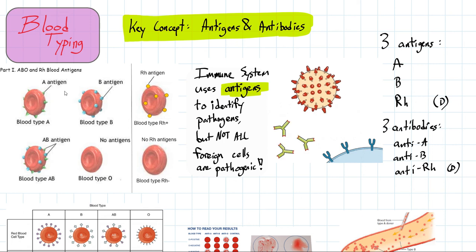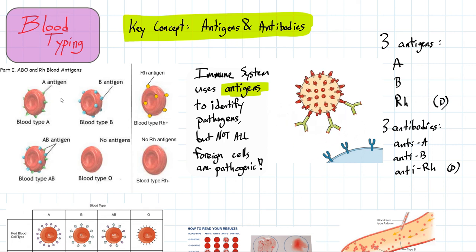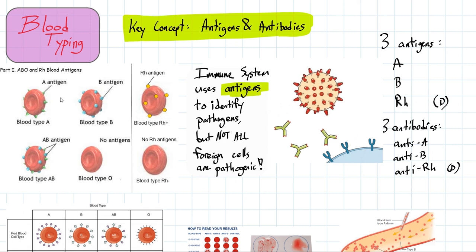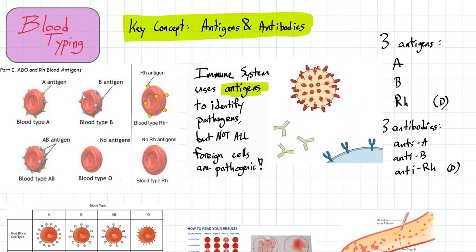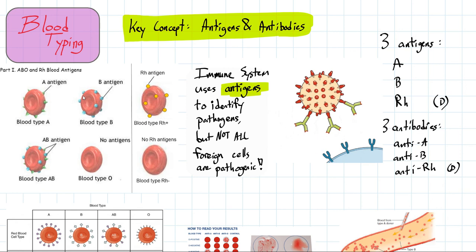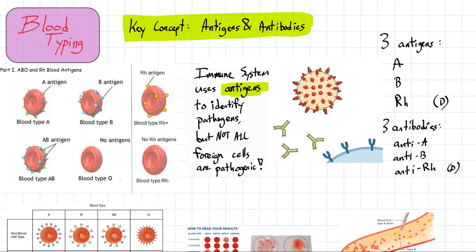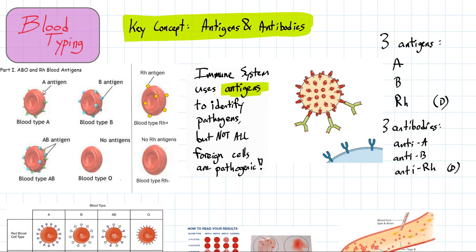So we have these markers on our red blood cells, and the type of red blood cells you make will have just one particular type, or two, or three, or zero of these antigens, and you'll always make the same kind. If you have type A blood, you will always put these little A antigens, little A markers on your erythrocytes.